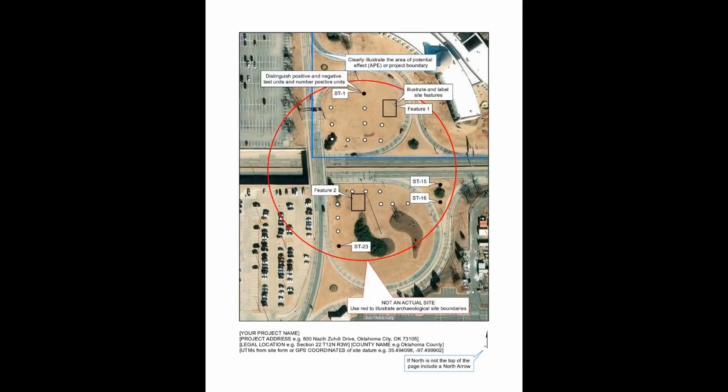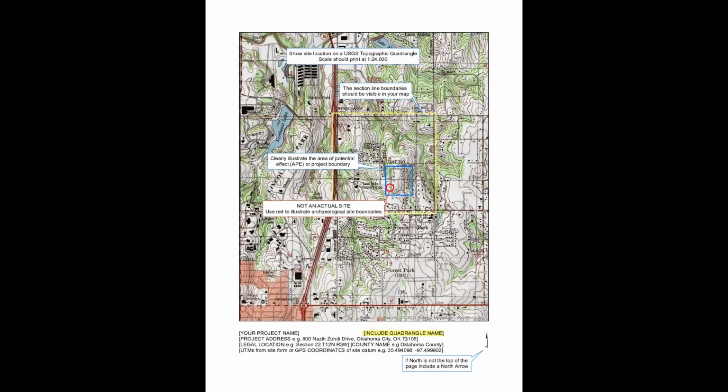For various types of maps, for instance, sites that have features, or a location map showing the project location and your site location. And these are all just invented. These are not real sites. I've just drawn these to be examples.